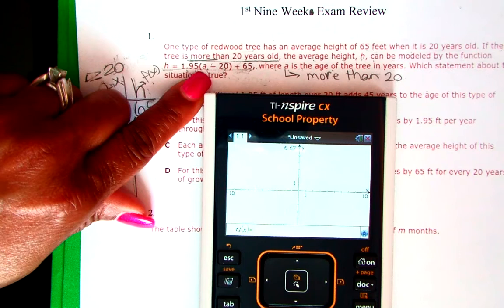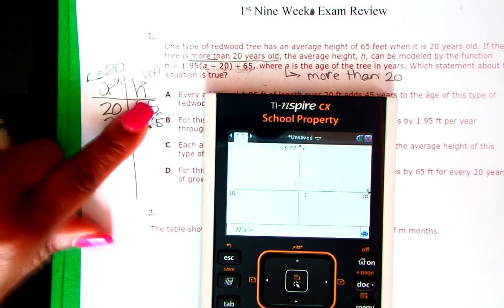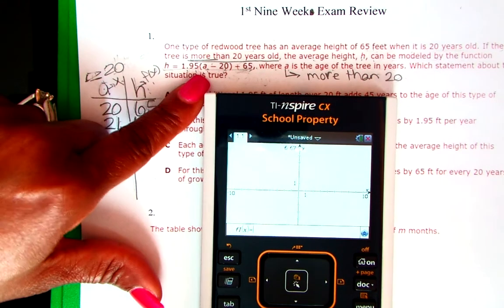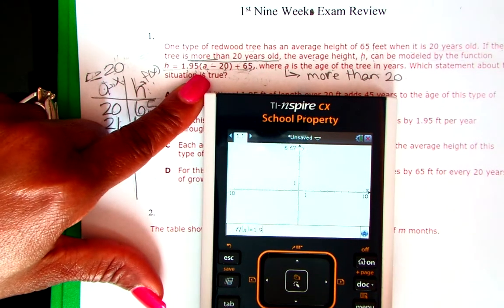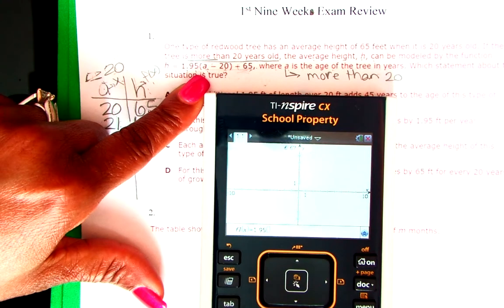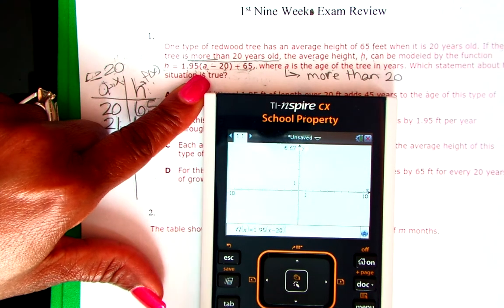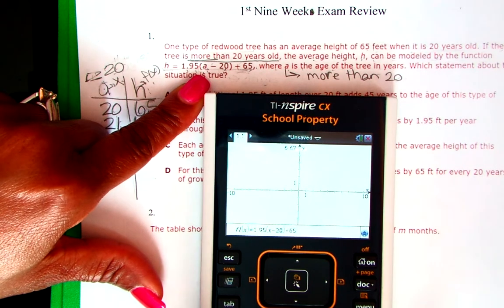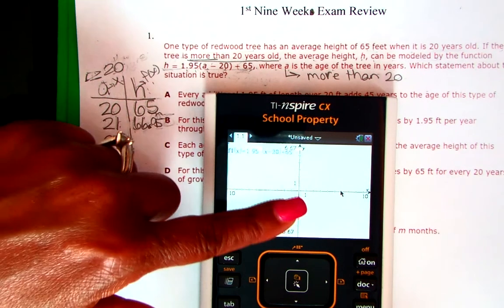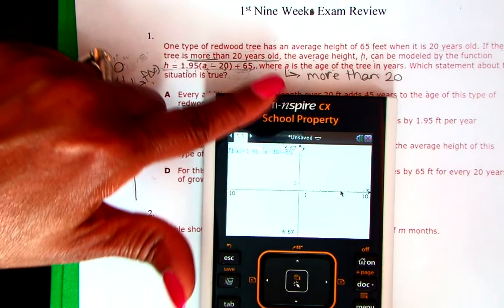Now, keep in mind, A is X and H is F of X. So we have F of X equals 1.95 times X minus 20, close the parentheses, plus 65. Okay, enter.